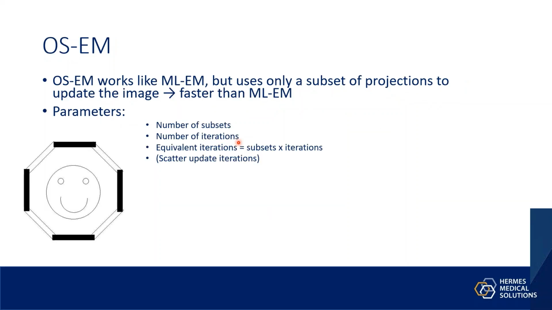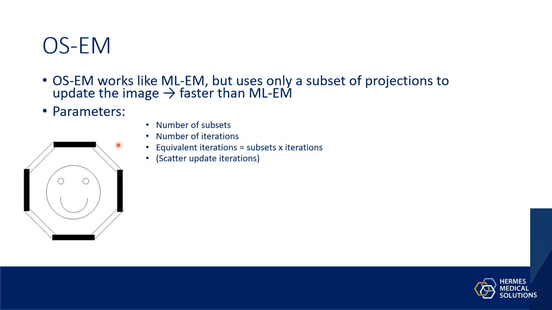The MLEM algorithm, even in these days when we have very fast computers, is usually considered to be too slow, and therefore the OSEM algorithm, the ordered subsets expectation maximization algorithm, has been developed. OSEM works in the same way as MLEM, but it uses only a subset of projections to update the image. So it's faster than MLEM.